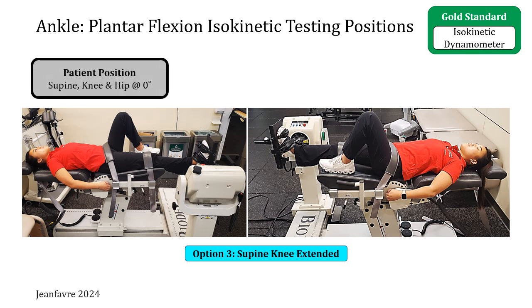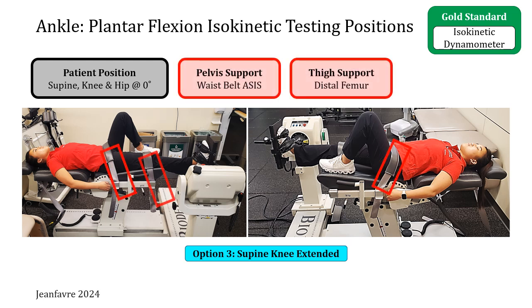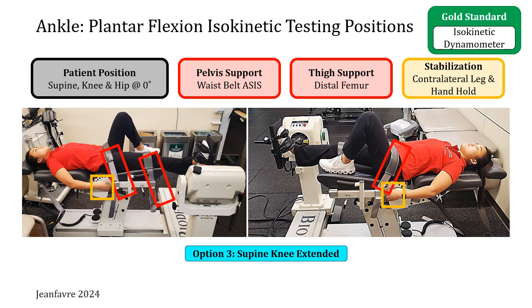So the prone position, if I'm going to be doing it in the knee straight position, which I do almost unanimously the majority of the time, unless I'm really interested in biasing someone's soleus. So the patient's going to be supine, the knee's going to be extended, and the hip is going to be extended at 0 degrees. You have the stabilization waist belt, as well as at the distal femur just over the patella. And then you have the stabilization of the contralateral leg and the handhold.